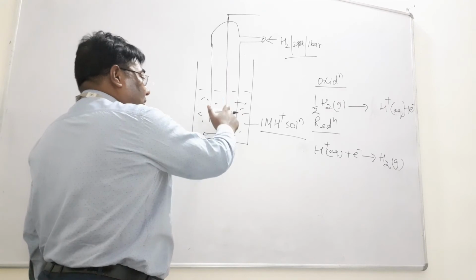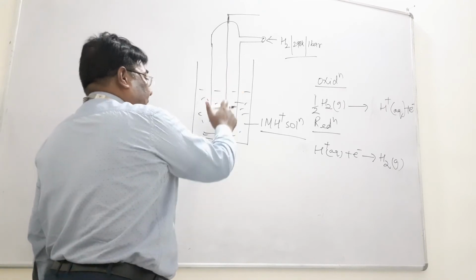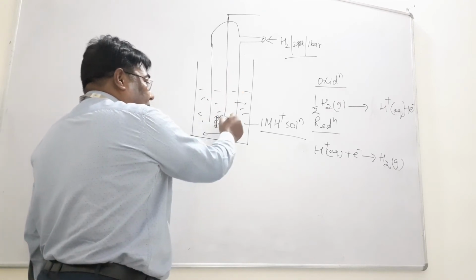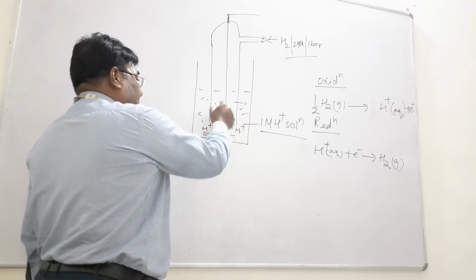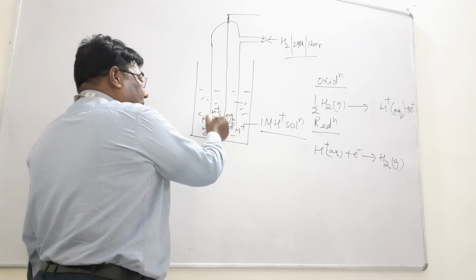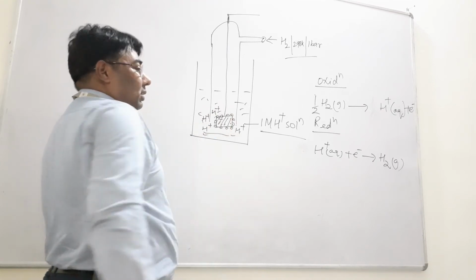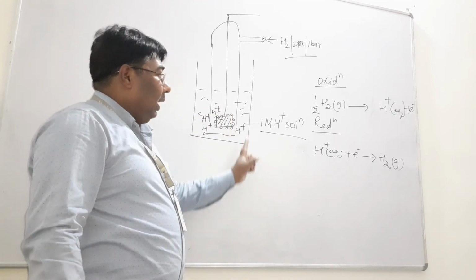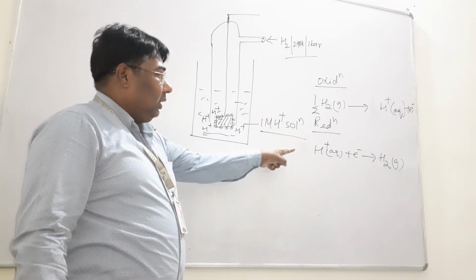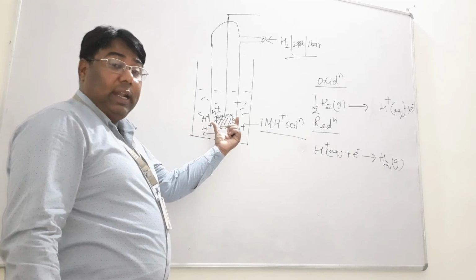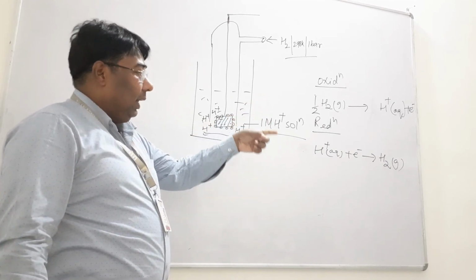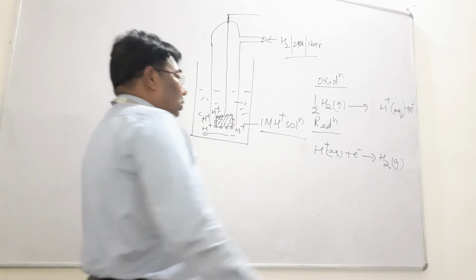That means hydrogen gas passes and adsorbs over the surface, and in the surrounding H plus ions are present. So between H2 and H plus, potentials are developed, and the following oxidation and reduction processes take place. On the same electrode, both oxidation and reduction occur.